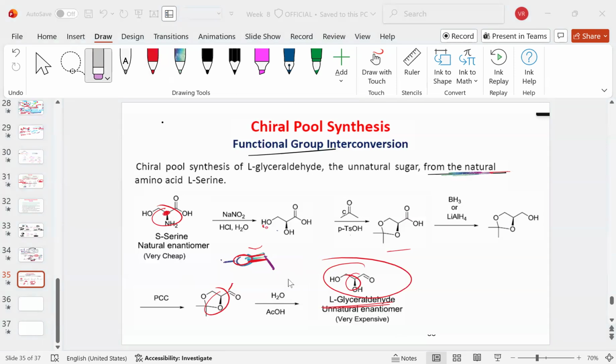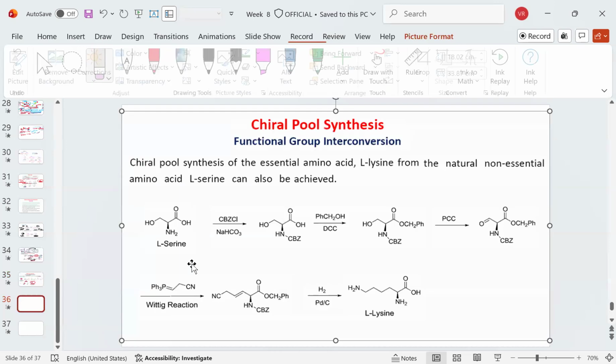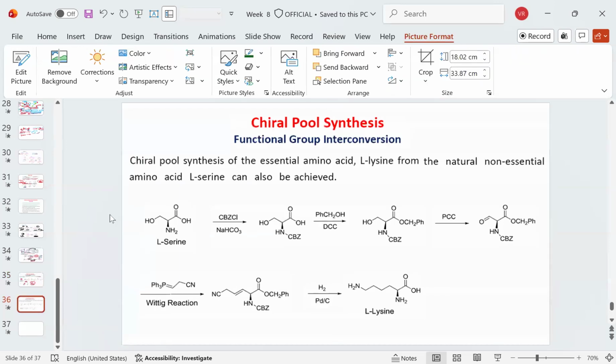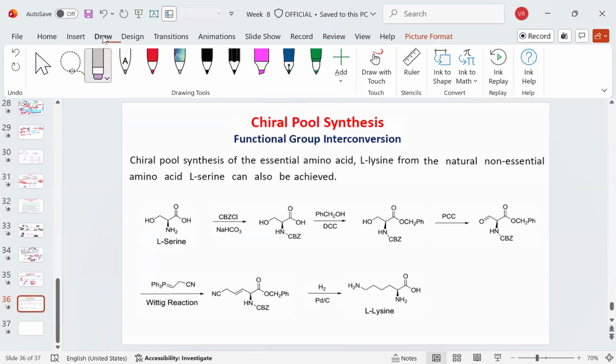I will show some examples of this because it is a very important concept. From this course you can also take some asymmetric synthesis part, because at the end we need to get expertise in synthesis, whether through retrosynthesis or chiral synthesis or asymmetric synthesis, it doesn't matter.